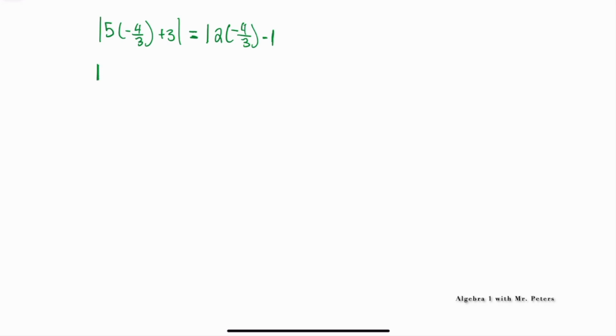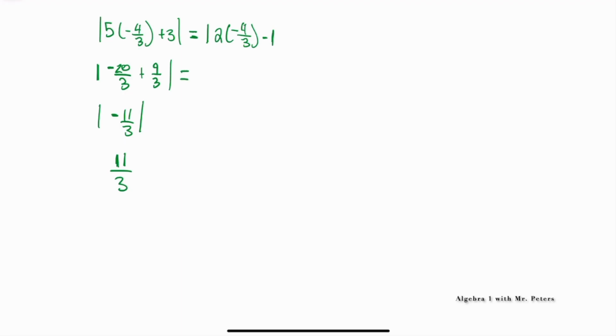So we have the absolute value of -20/3 plus 3. Just remember that when we have a denominator of 3, to come up with an equivalent expression, this is going to be 9/3. So once we simplify this, we have the absolute value of -11/3, which when we simplify and take it out of brackets becomes +11/3.